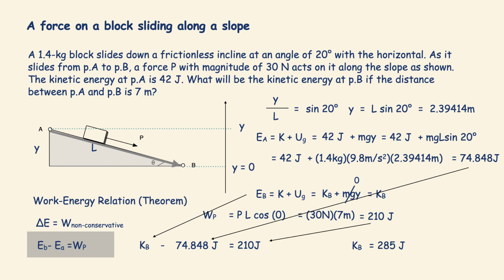And here what is left is simply to calculate the kinetic energy at point B, which comes out to 285 joules. Notice here that I rounded everything to my standard 3 significant digits because this is my final answer, so I don't need to worry about rounding error anymore.